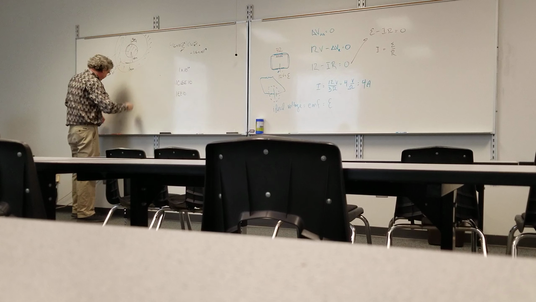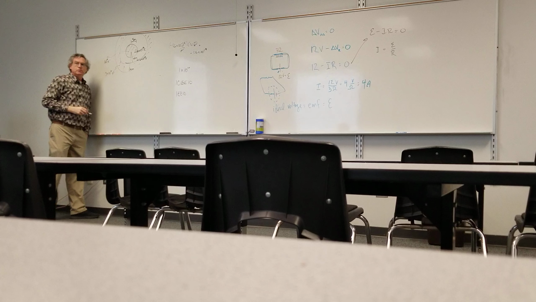All right, what is the electric field inside? 0. So since the electric field is 0 inside here, then by Gauss's law, I know that the internal charge must be 0. So this would be positive 1.6 times 10 to the negative 9th coulombs on the inner part of the shell.